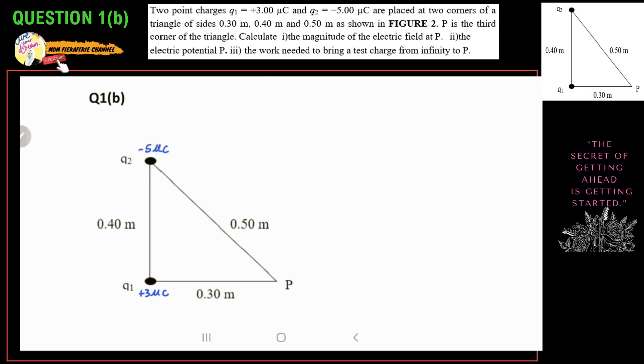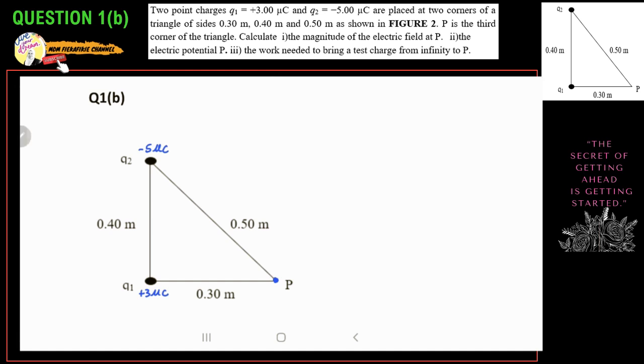The length of the side of the triangle is given, and P is the third corner of the triangle. Here we have P, a point, and we want to calculate the magnitude of the electric field at P.